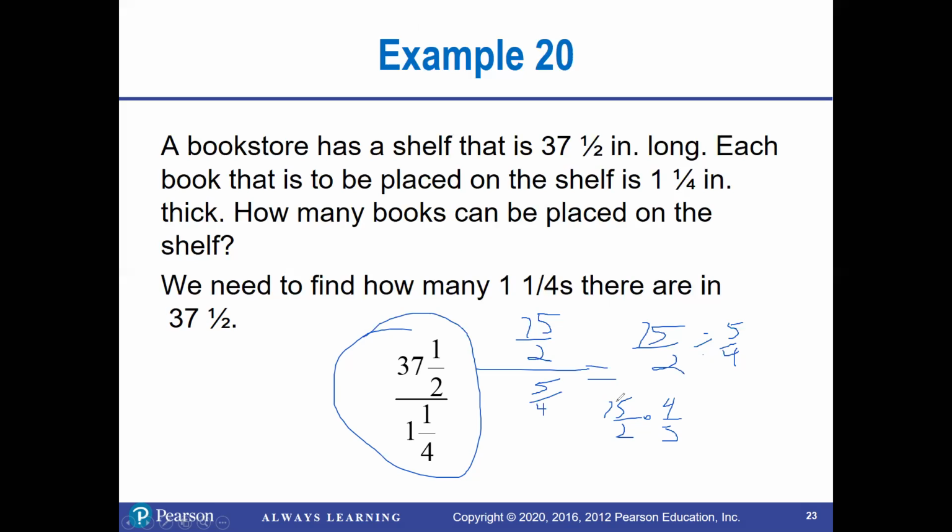Instead of multiplying the top and the bottom, one thing you hopefully can get them to learn is reducing common factors. Well, 5 and 75 have a common factor. That factor is 5, so divide that by 5, you get a 1. Divide this by 5, you get a 15. And then the 2 and the 4 have a common factor of 2, so 4 divided by 2 is 2, and that's 1. And look at this, you end up with an answer of 30.